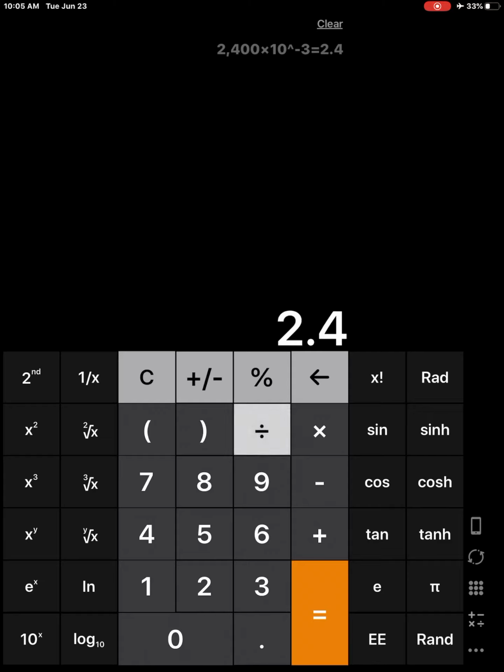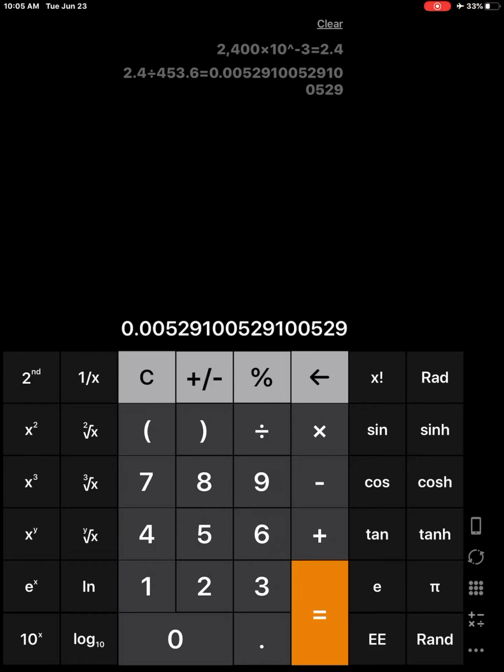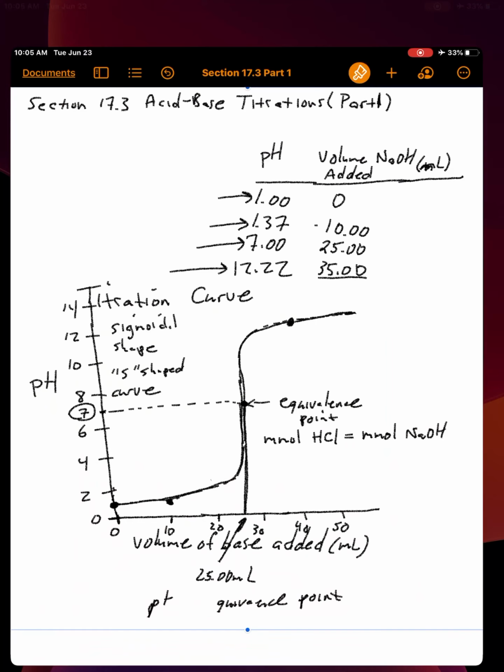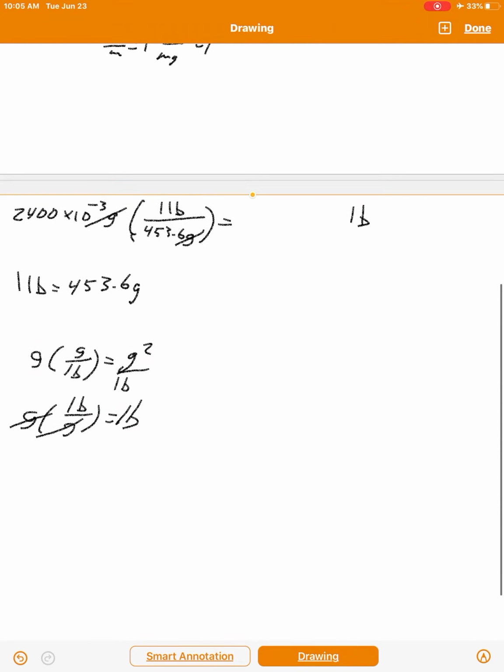Divided by 453.6. 0.005291. That's a pretty small mass in pounds, or weight in pounds. Doesn't weigh very much. Okay?